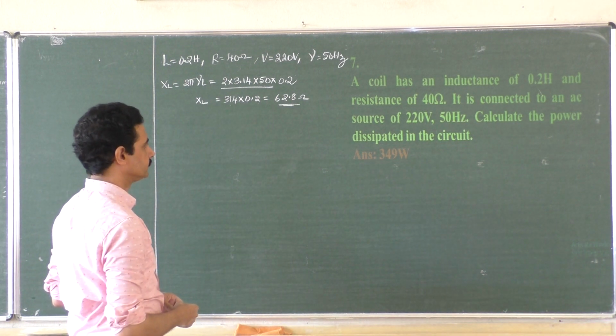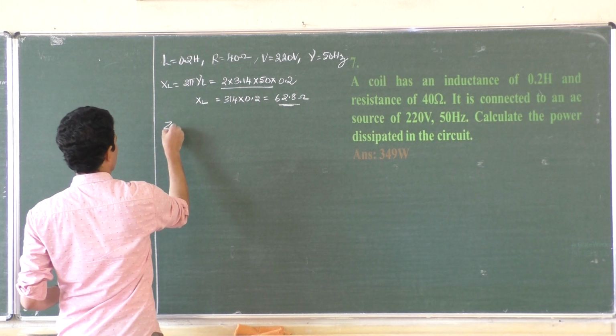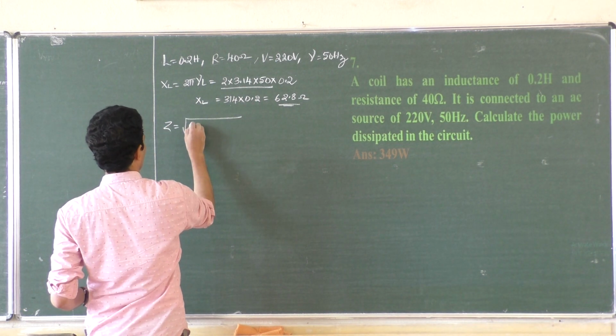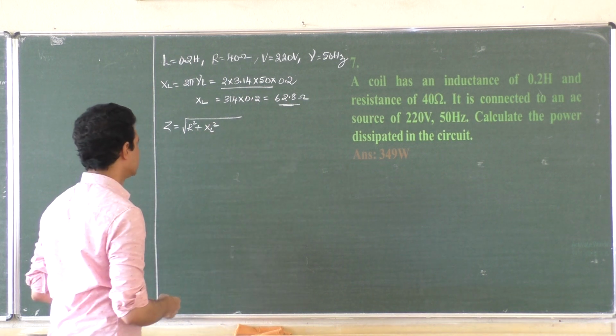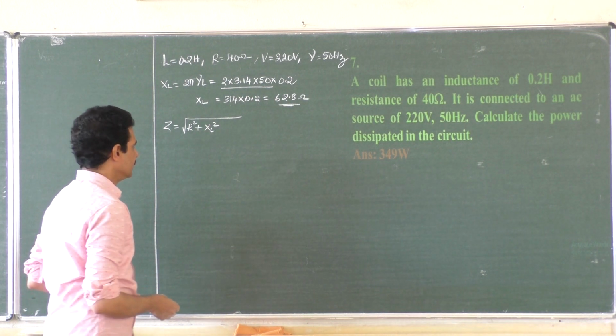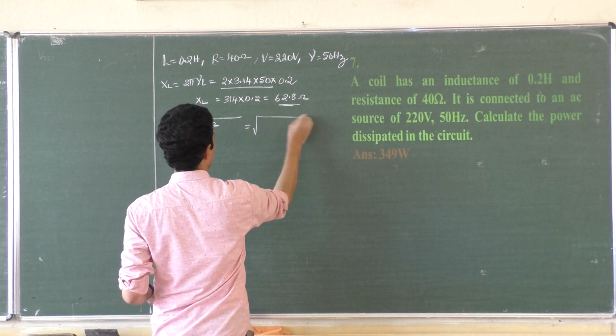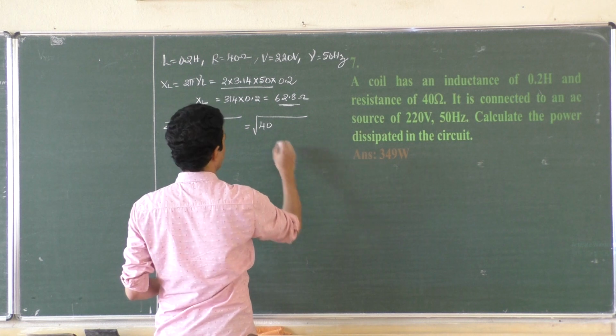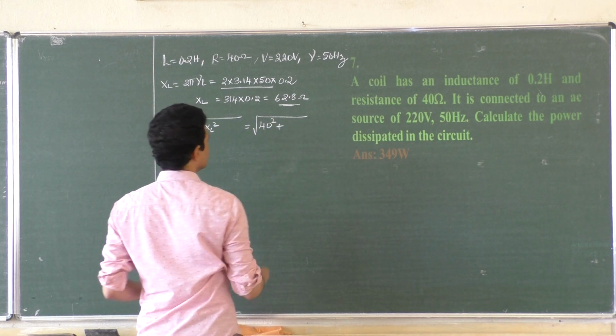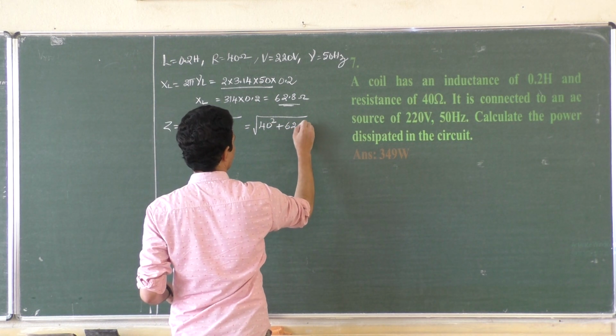Then Z is equal to root of R squared plus XL square only, since there is no XC. Z is equal to root of 40 square plus 62.8 whole square.